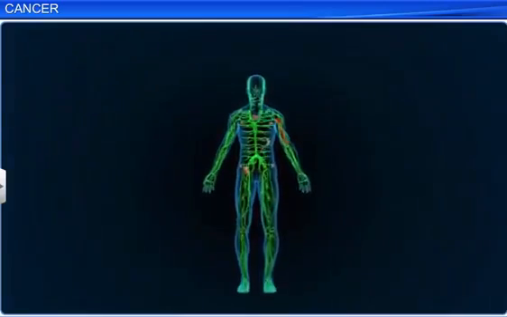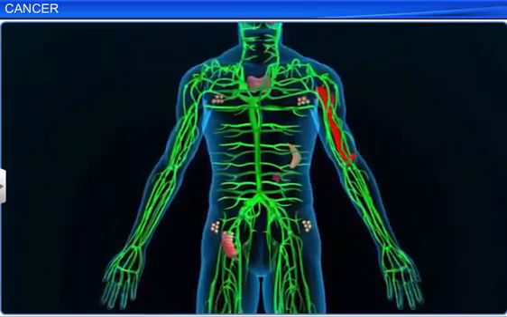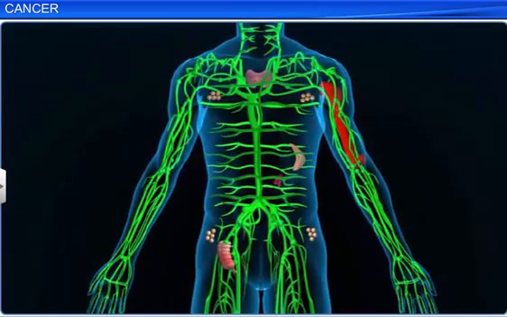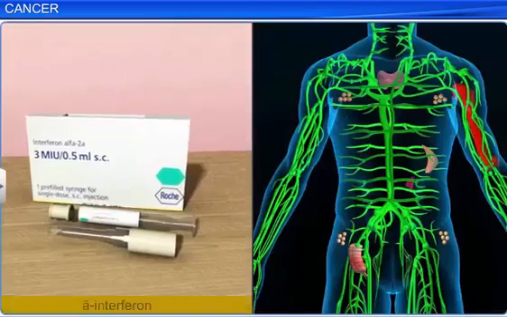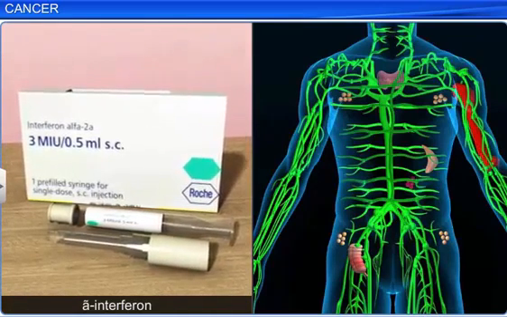Since the human immune system is unable to detect and destroy tumor cells, patients are administered substances like alpha interferon that activate the immune system and help to destroy the tumor. These substances that activate the immune system are called biological response modifiers.